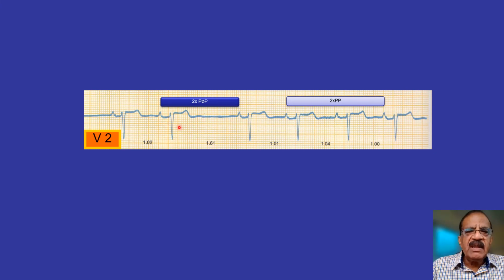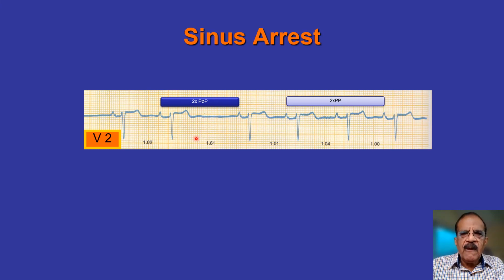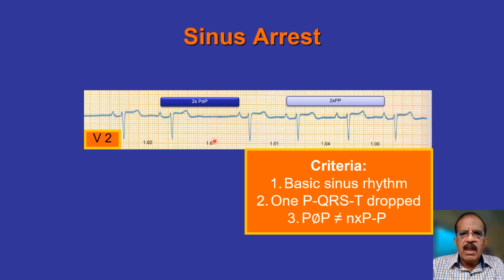This one, if you take the same example here, this P to this P, one PQRS is dropped. Now visually you can say that they are different. They are not the same length, but we are going to demonstrate it formally.